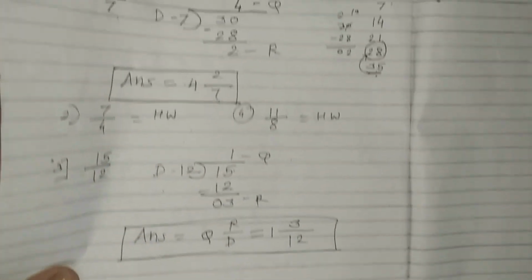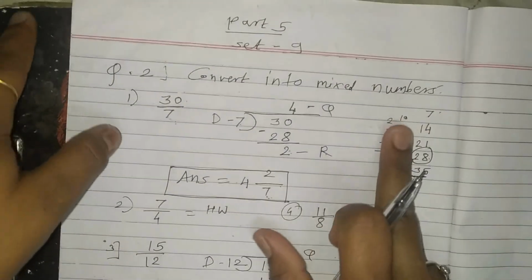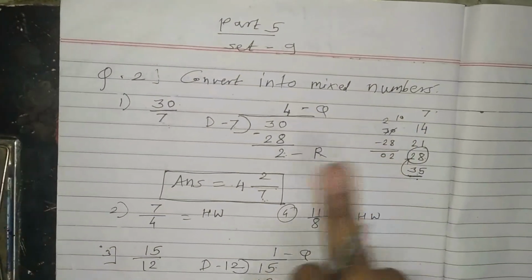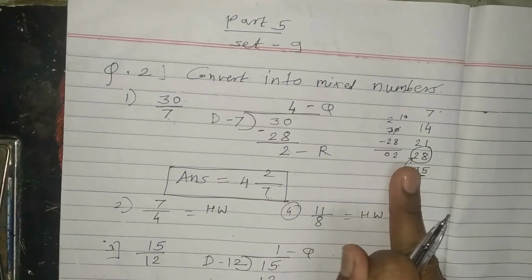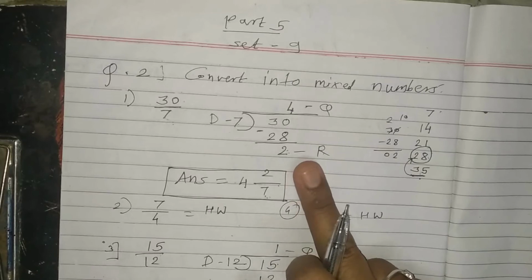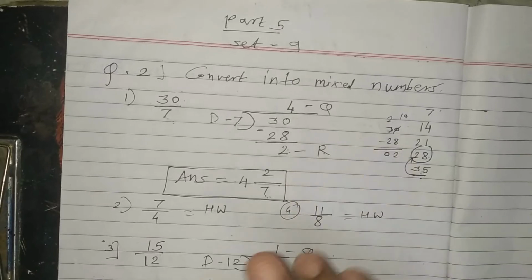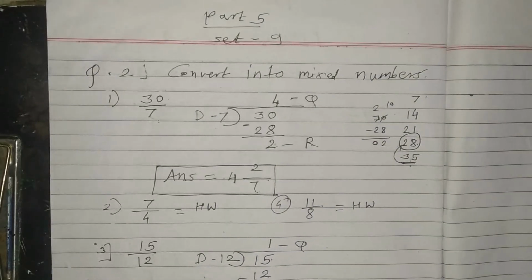I hope you understand this rough work, students. No problem. If you want to do rough work in your notebook, you can. If you are confident, you can do it directly. If you want to do it on a rough page, you can. But you must solve with your own mind, that is what I want. So your concept should be clear.